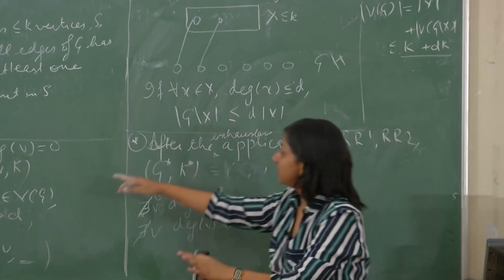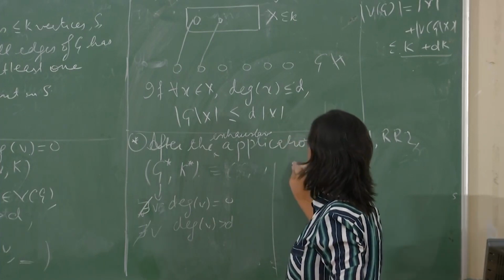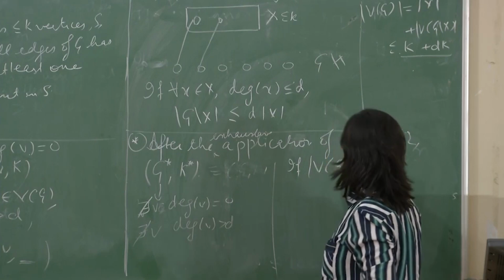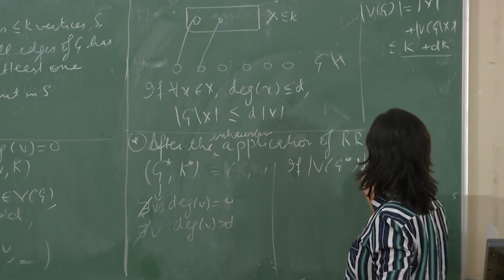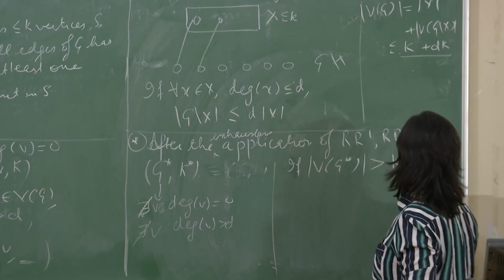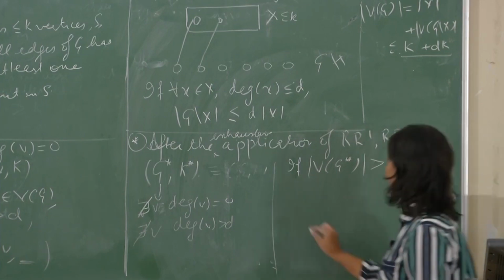So after the application of these reduction rules, we check the number of vertices in G star. If it is greater than k plus dk, we know it's a no instance. In this case, just return a trivial no instance. Otherwise, what do we know?